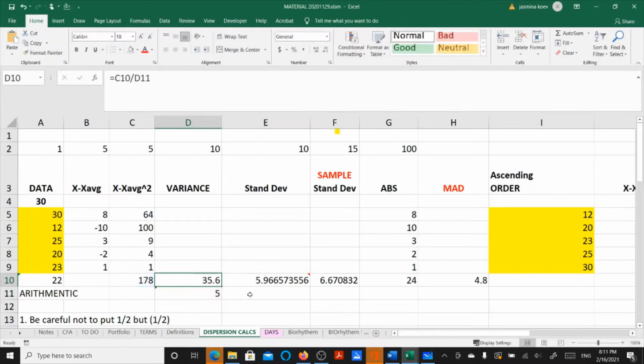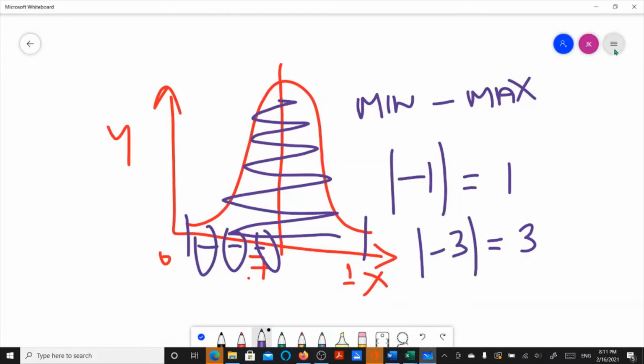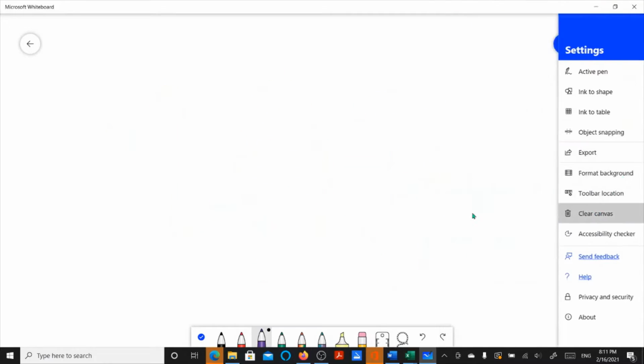Now I want to emphasize, and I'll draw this out too, what the formula typically looks like. So that was variance we just did. What the formula typically looks like is this in the math books, and this is a population variance.